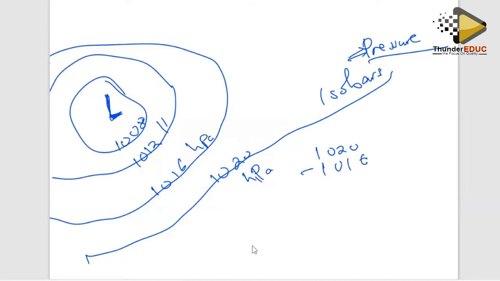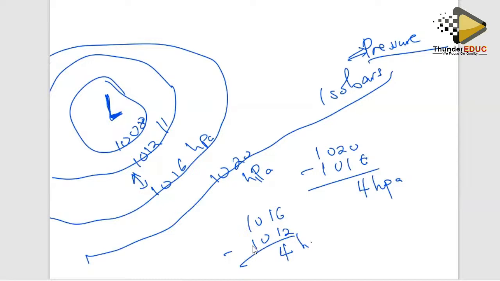If we find the difference, we find that it is 4 hectopascals. Between 1016 and 1012, again the difference is 4 hPa. This is what we call the isobar interval.